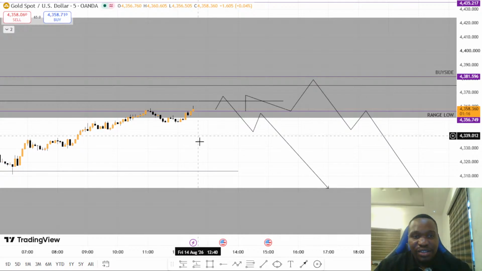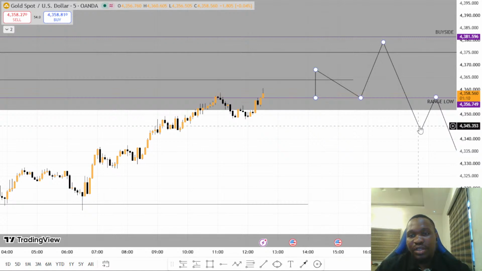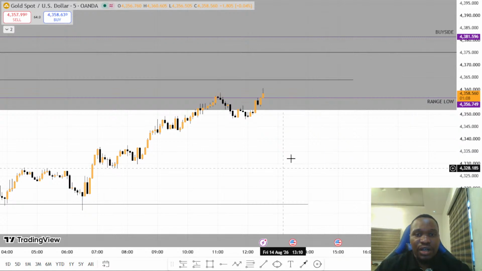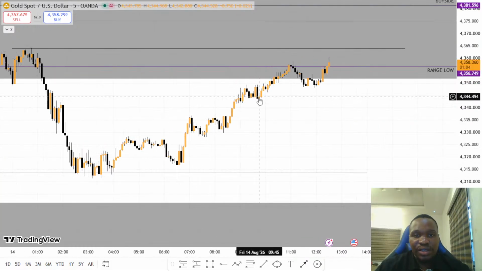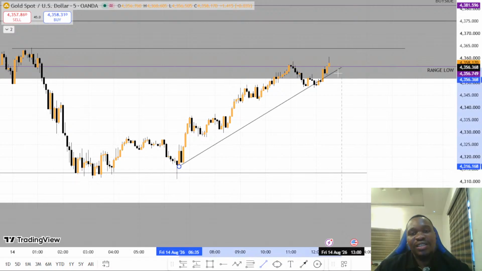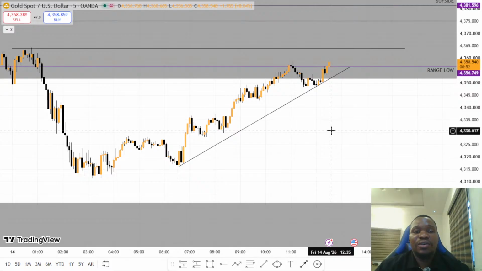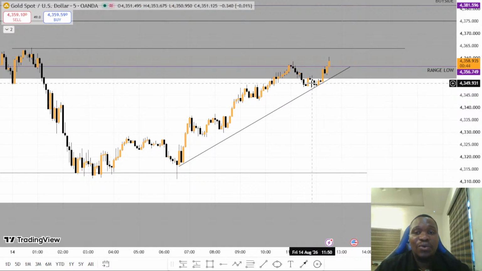So coming to the 5 minute time frame, let me take this out. Coming to the 5 minute time frame, we have how the candlesticks are still trading higher. You see how it's trading higher. So intraday, for now, you don't want to be a seller in this kind of market, especially for gold that is very, very volatile.